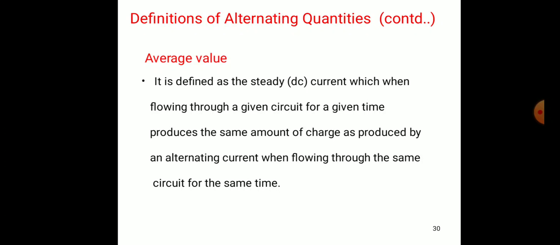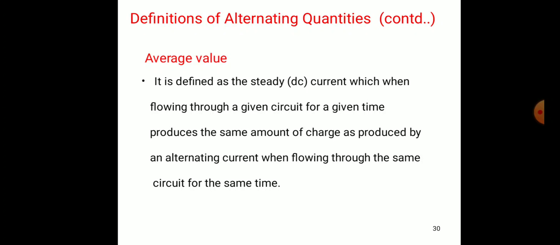Why do we need to calculate the average value of the alternating current? The alternating quantity always changes with respect to time, and the changing quantity value we do not find. To find that, we compare this alternating quantity with the DC quantity.